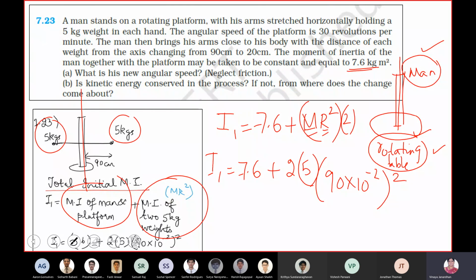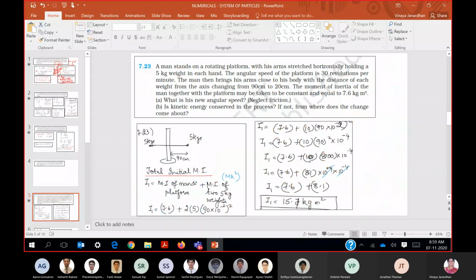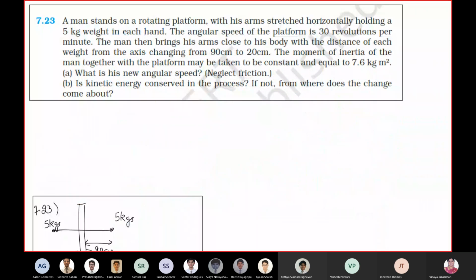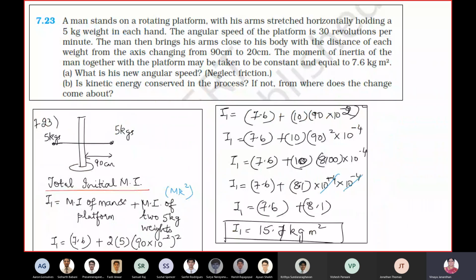So just write 15.7 kilogram meter squared.